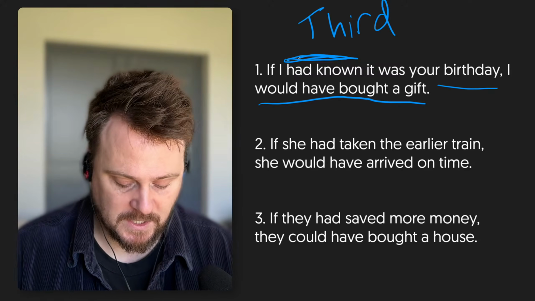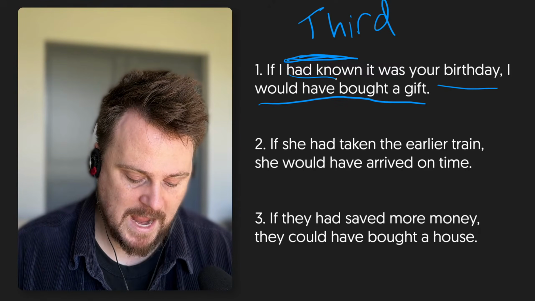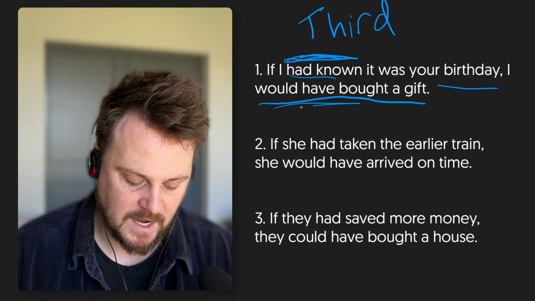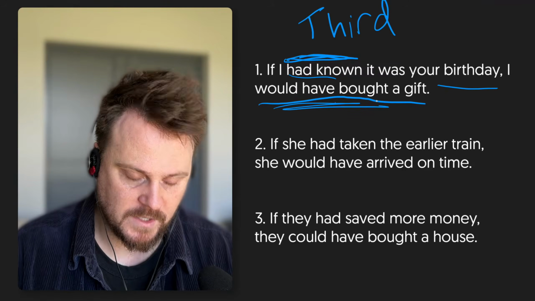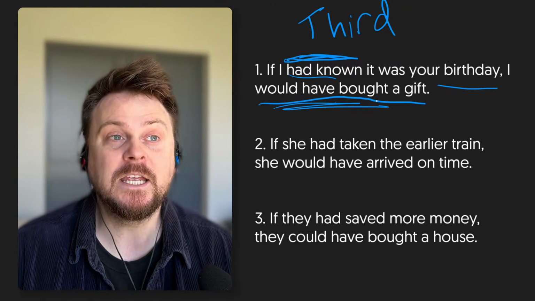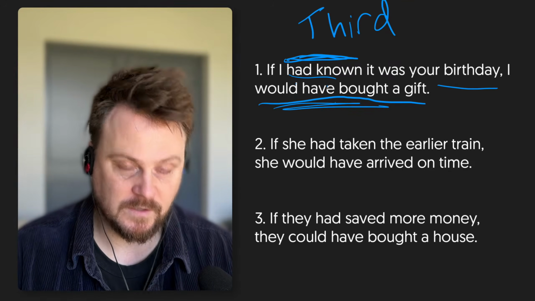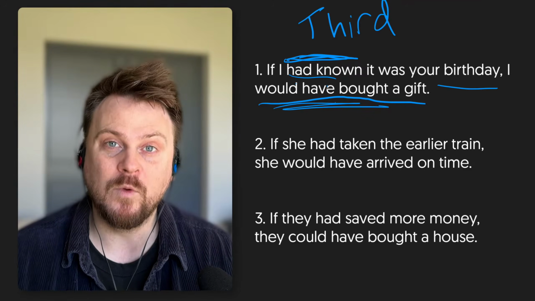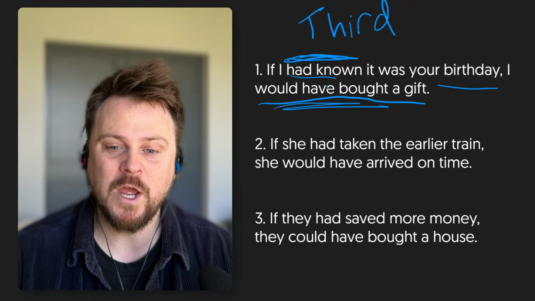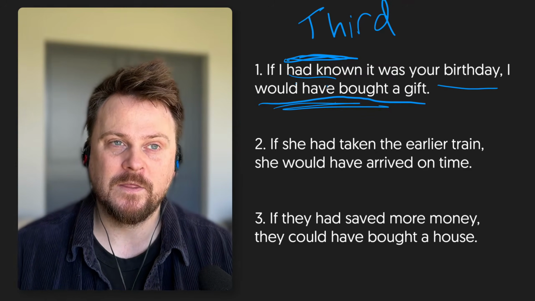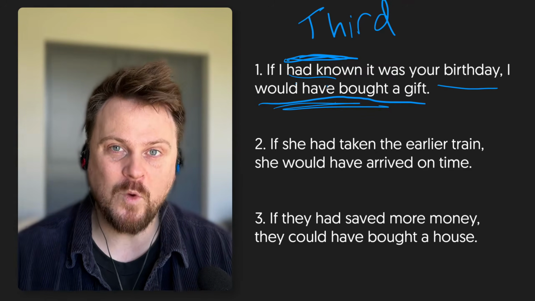Now we use this because this thing would happen before this thing, bought a gift, would have bought. Have bought is the present perfect tense. So if I had known is the past perfect tense, and the reason for that is because that one goes before the thing that I would have done.